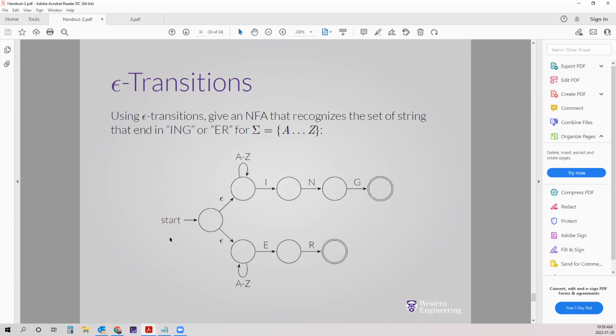So I have two paths. How do I move to each path? I'll move with epsilon transition. Without an input, I'll go here. It will keep looping on A to Z. Once I receive I, I'll move here, then to N, then G. Also I'll move here, and if it ends with ER, then I will end at the accepting state.